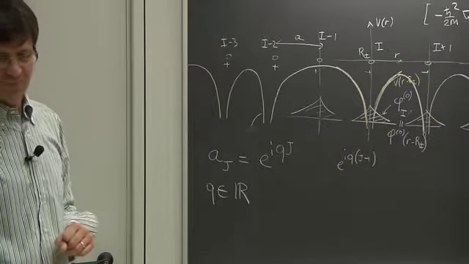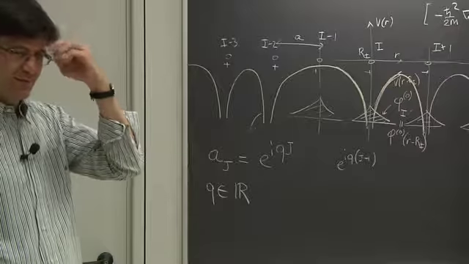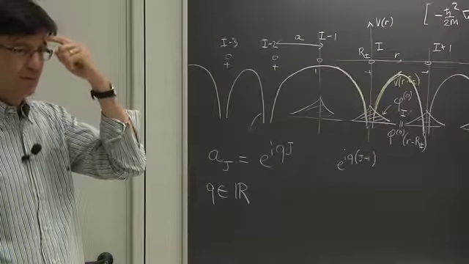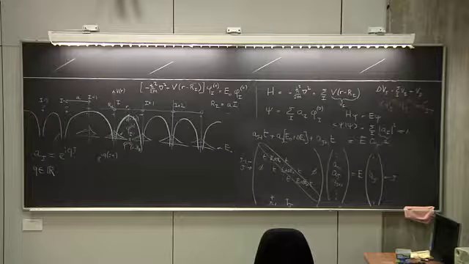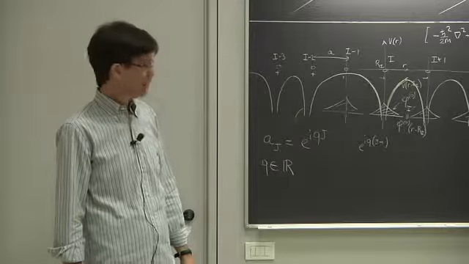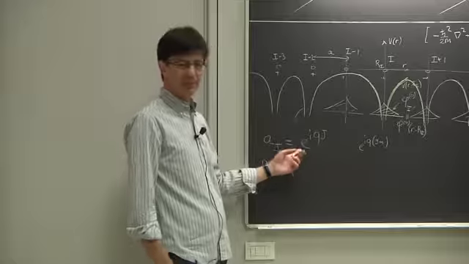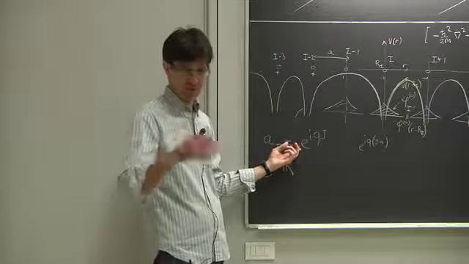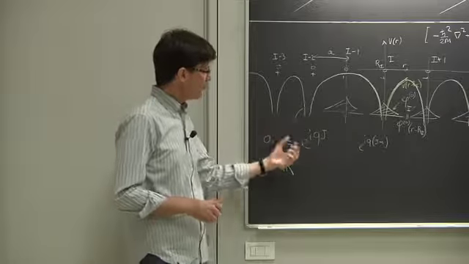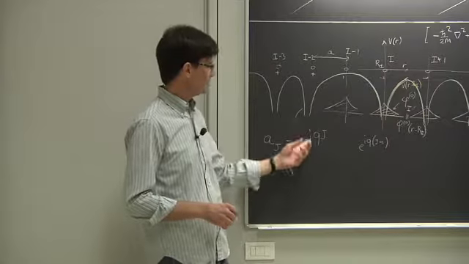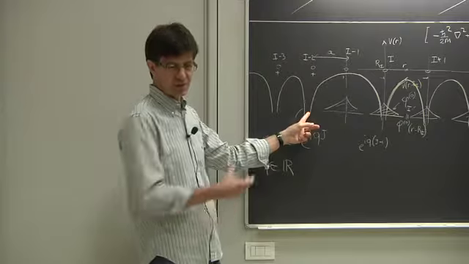Yes? Okay, your question is, this looks like a plane wave, like a free particle. How can we somehow tell this wave function that there is an attraction here, that we are near the potential? I have to repeat it because of the recording.